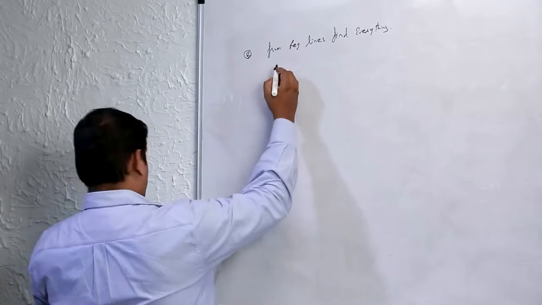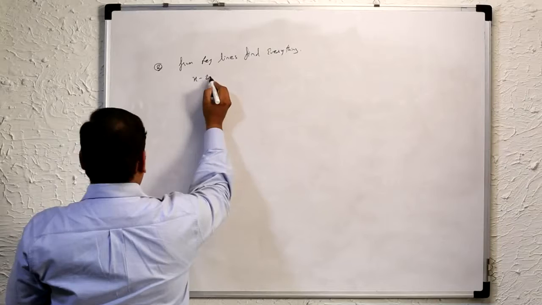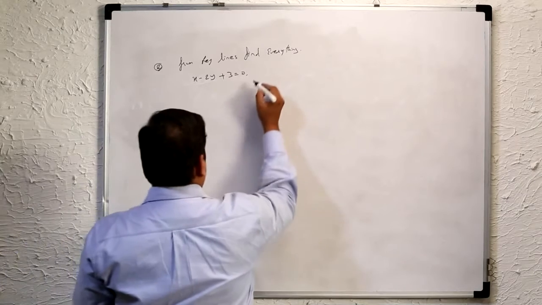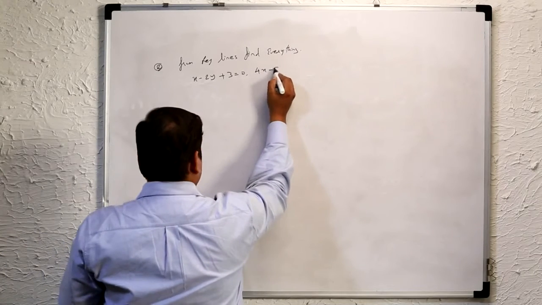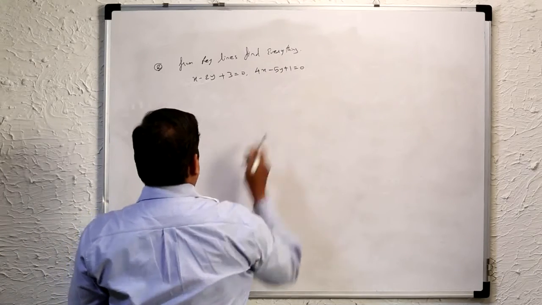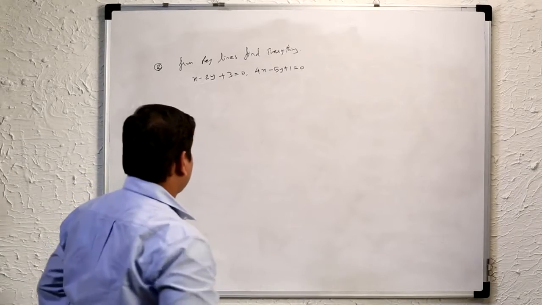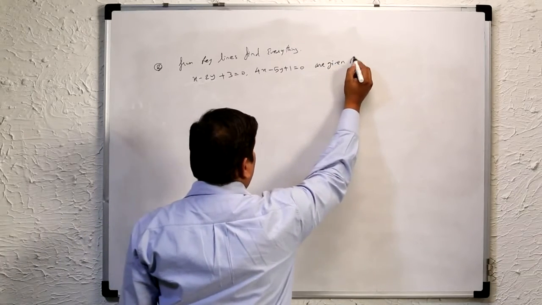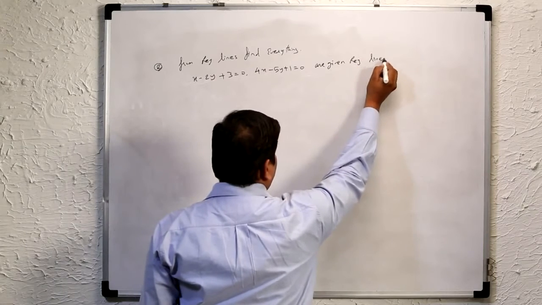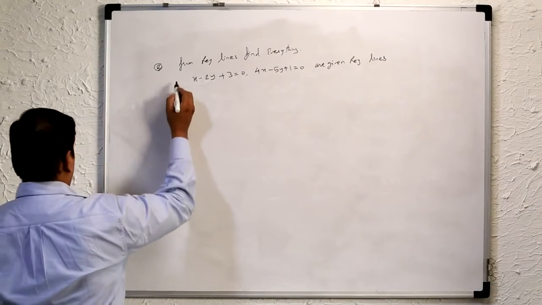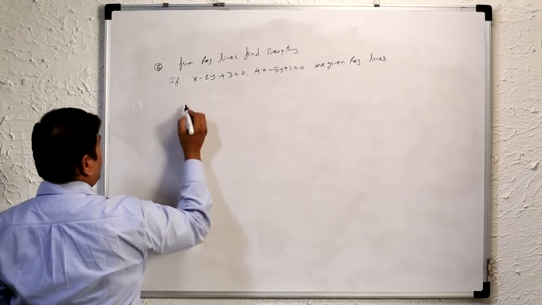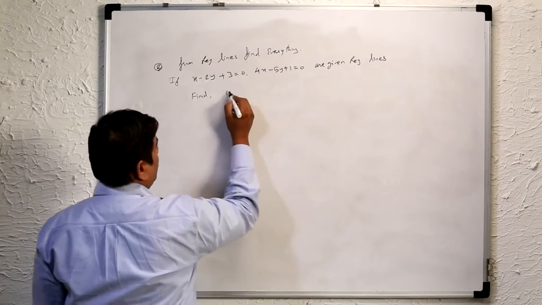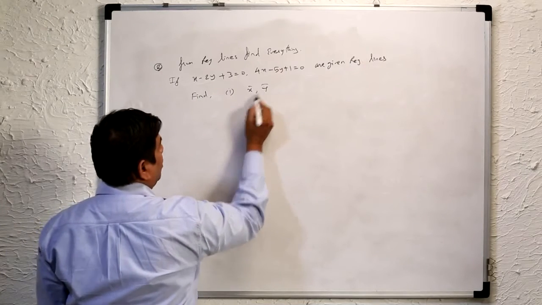We have been given x minus 2y plus 3 equal to 0 and 4x minus 5y plus 1 equal to 0 as the regression lines. Do the following. So find, first, x bar, y bar.